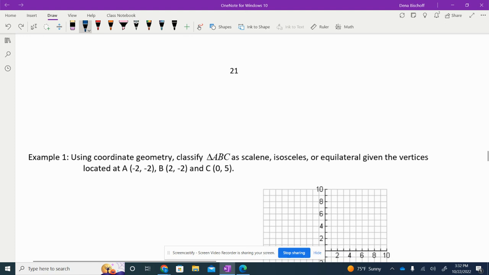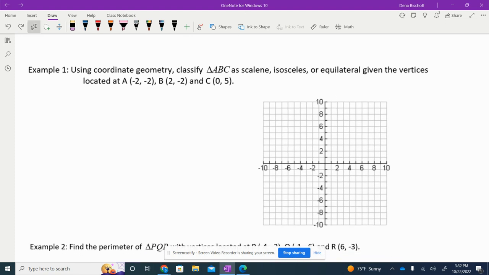Our first example, using coordinate geometry, classify triangle ABC as scalene, isosceles, or equilateral. I have the ordered pair negative 2, 2, which is point A, 2, negative 2, which is point B, and 0, 5, which is point C. I can tell by looking that this is isosceles, but I have to prove it.